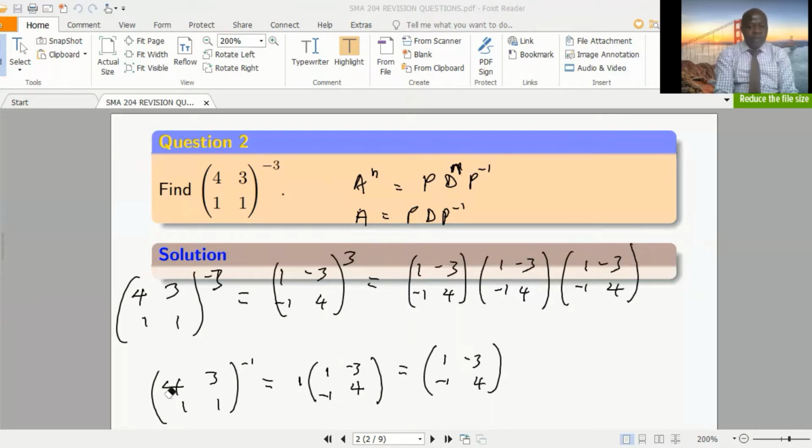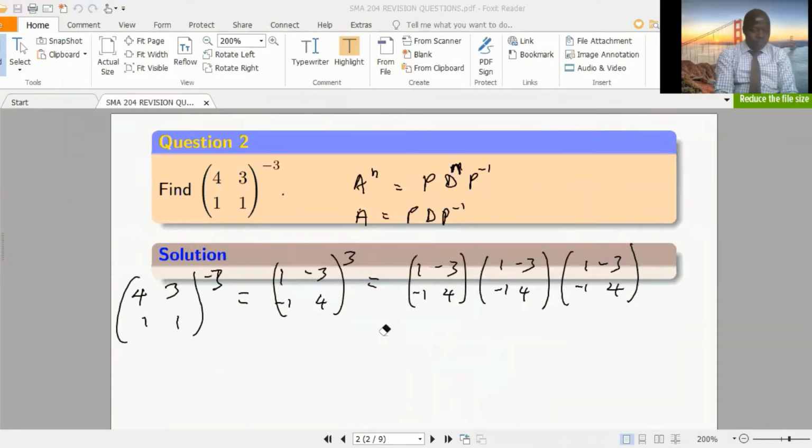Let me create some space here. So let's multiply the first 2, and you must do it in the order in which they appear. This times that, the result multiplied by this.